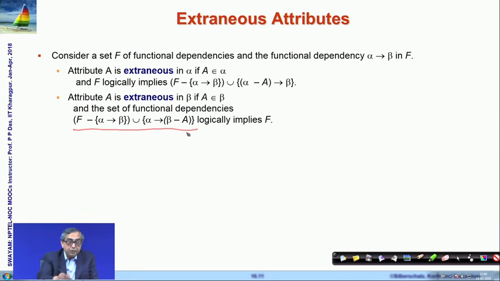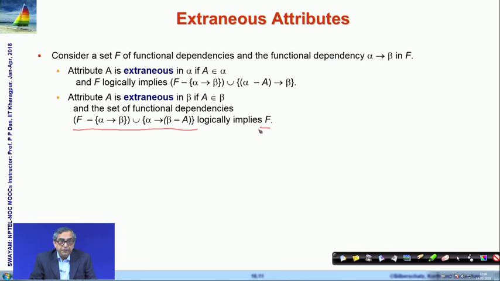and in this case naturally we will need to work out the simpler set and then check whether F is implied by that. As you can understand, if you are removing an attribute from the left hand side, then you are making your precondition softer. So, you need to see whether that is implied by the original set.